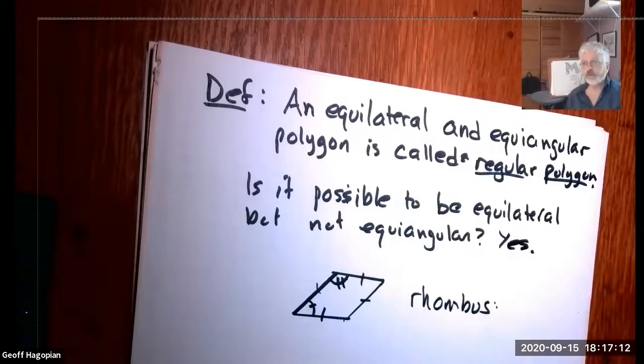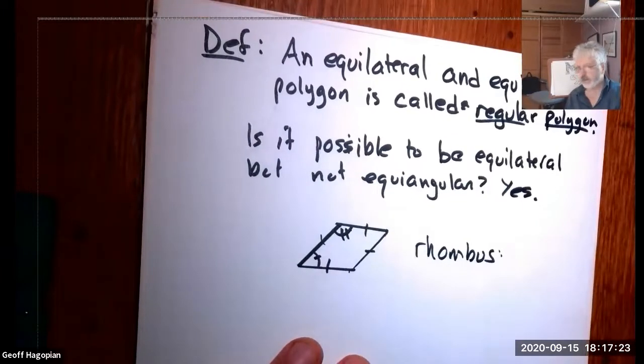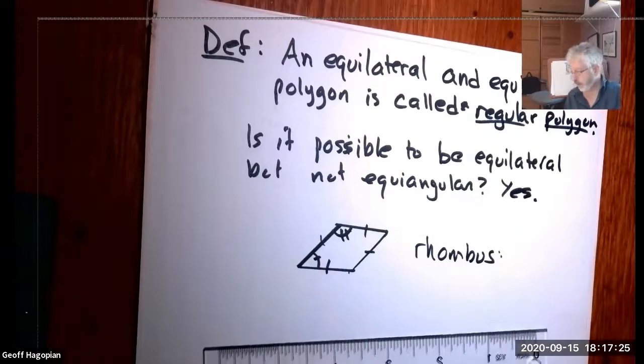Now, if a triangle is equilateral, then it's also equiangular, right? In fact, there's an interesting aspect of a triangle, which I know is apropos of nothing here.